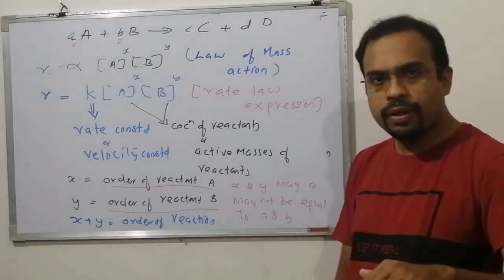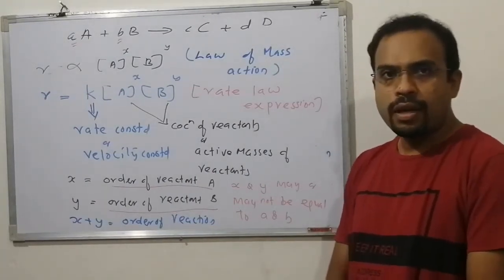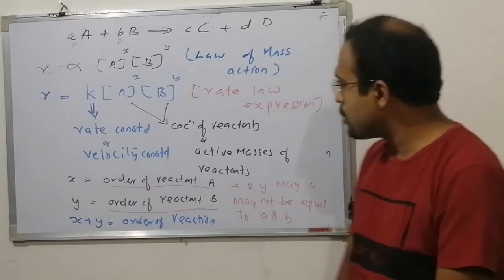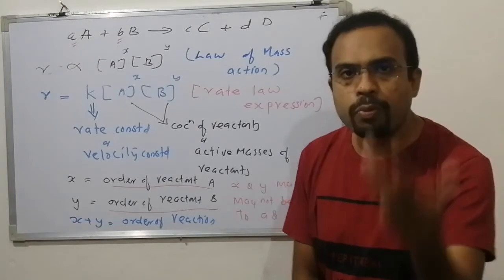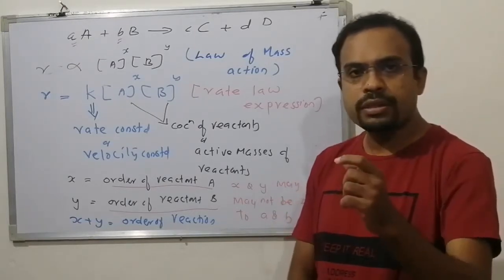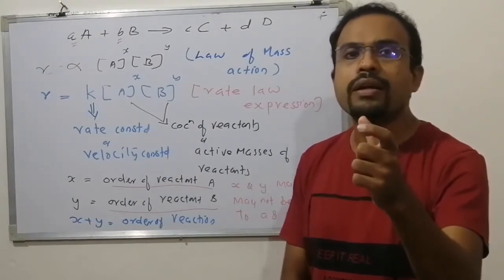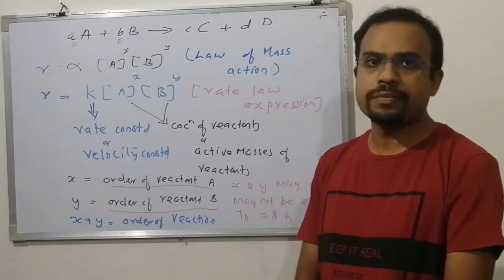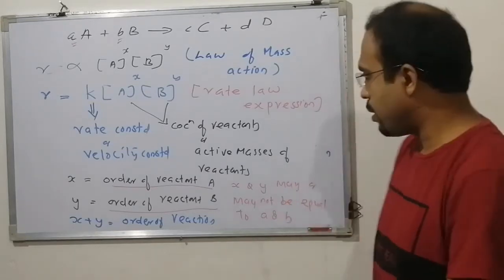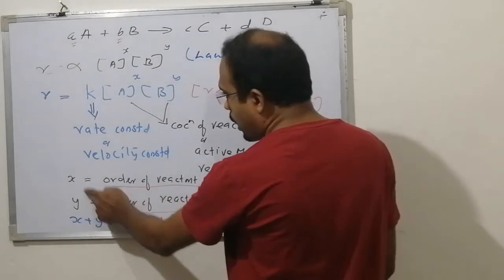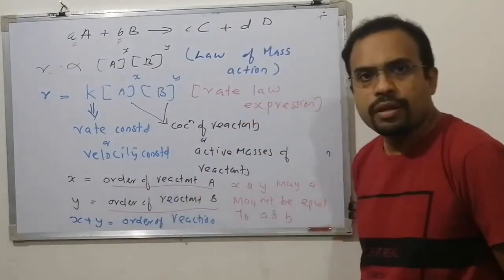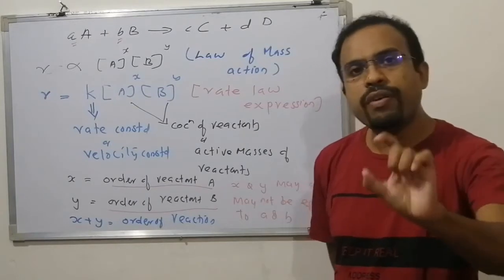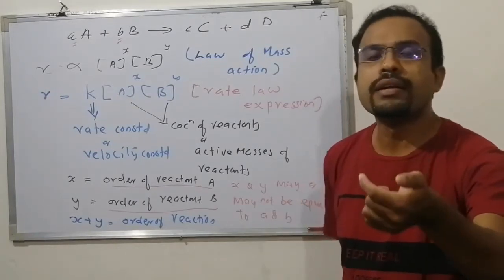Do you remember in the previous video, I had told you that each reactant and each product has individual rate of change. Similarly, each reactant has its own order, and there is a specific order for the reaction also.